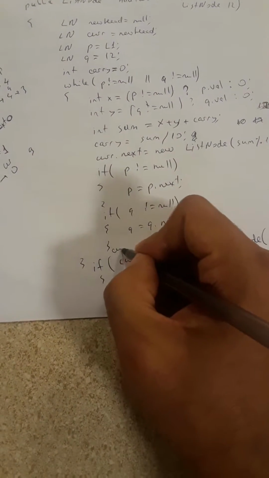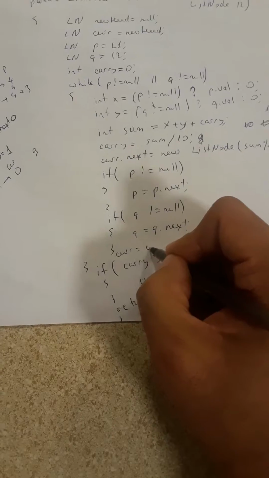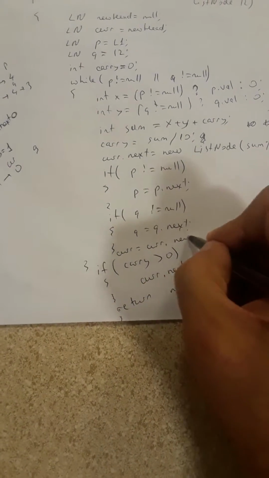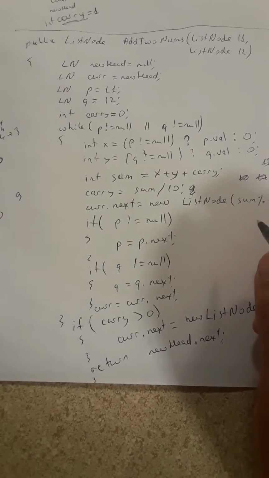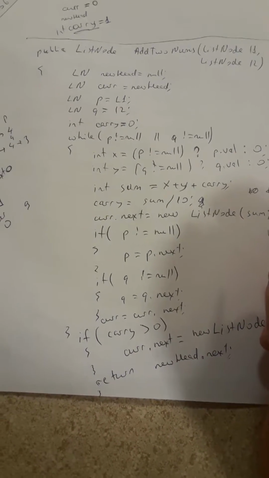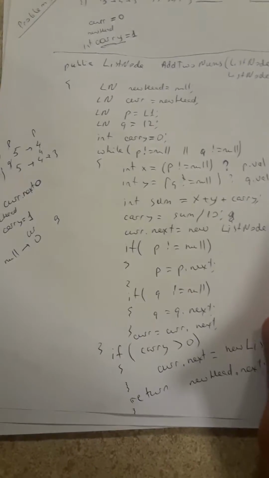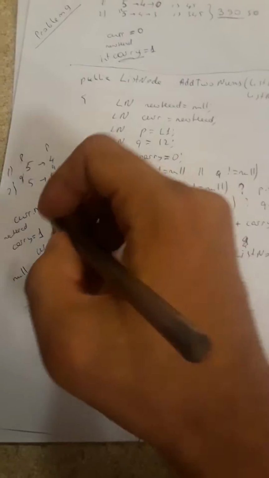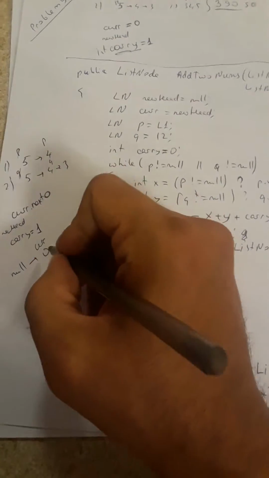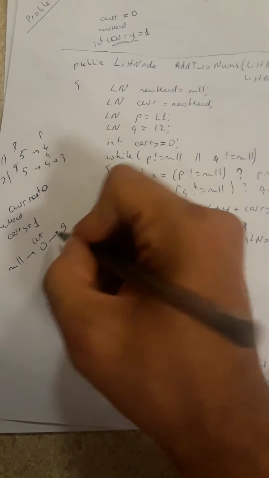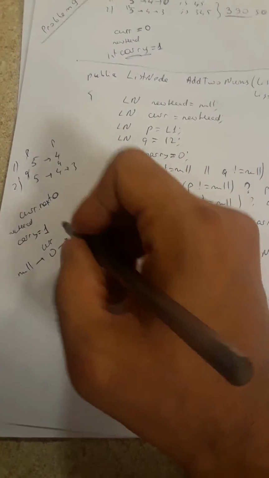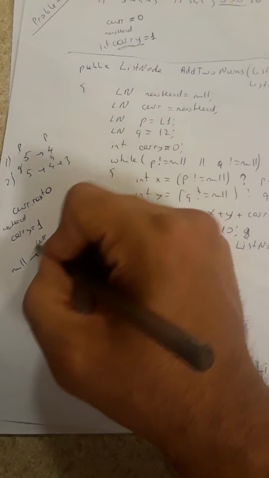Okay, I forgot to move my current here from current next. So my current is here at this node, and my current next will point to this 9. Then I move my current to 9.